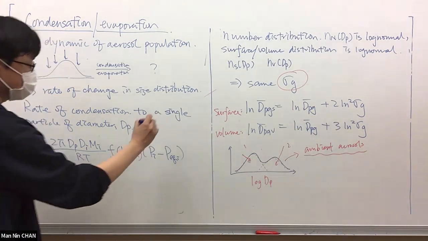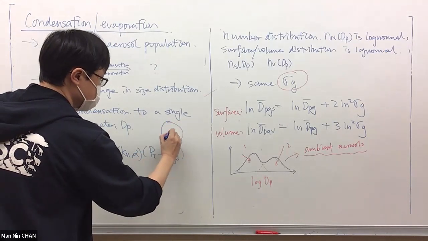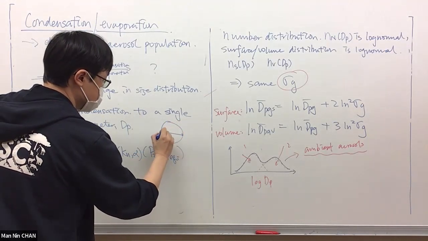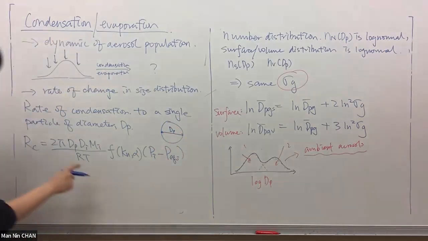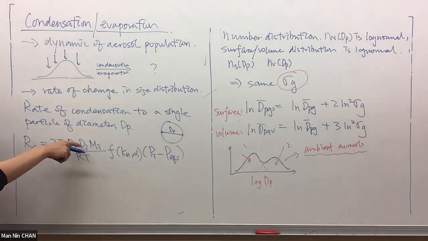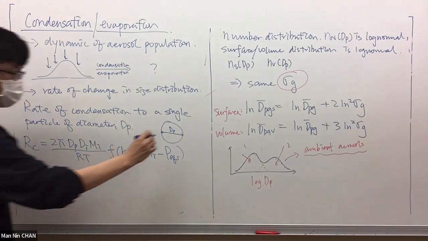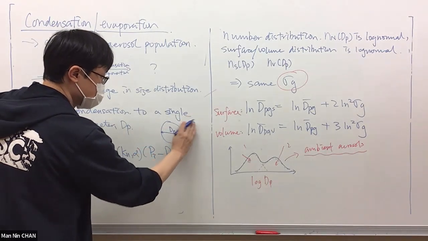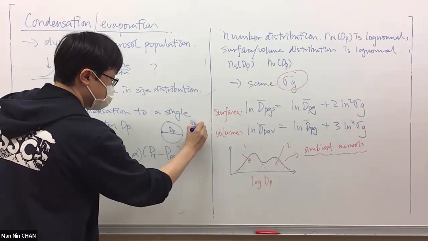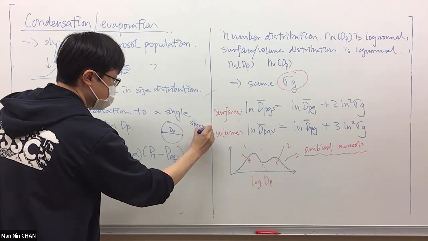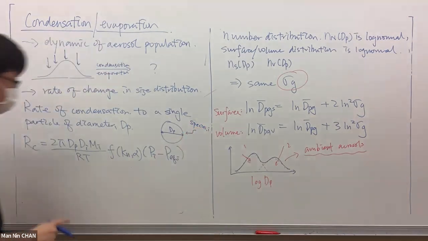Remember, dp is the diameter of your particle, and then you're looking at the diffusivity of your species, let's say species i, diffusing to your particle.